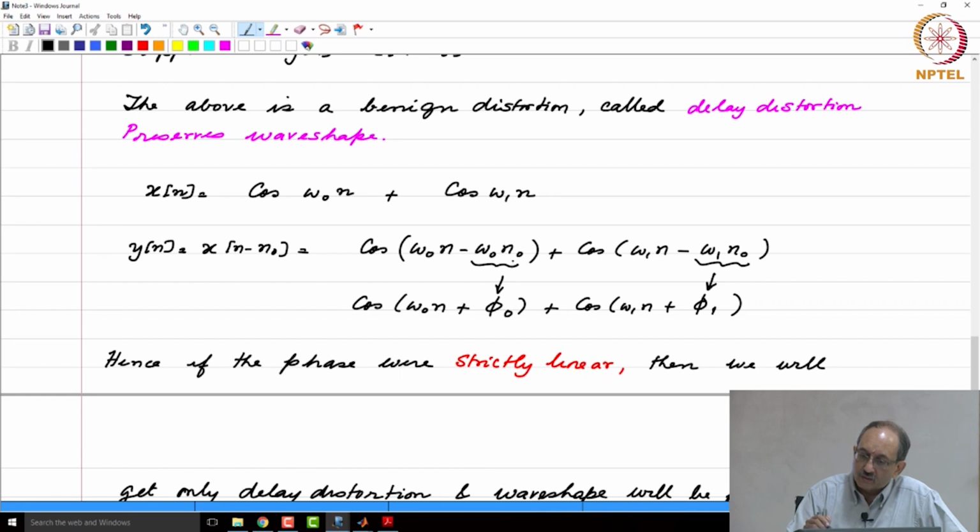So, this means that this phase is proportional to frequency. Therefore, you can think of the phase response as being linear, right. So, this is indeed correct, right.